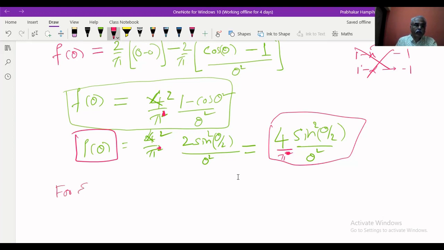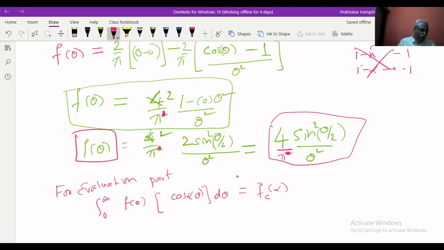For the evaluation part, consider 0 to infinity, whatever was given, f of theta cos of alpha theta d theta equal to that function of alpha.